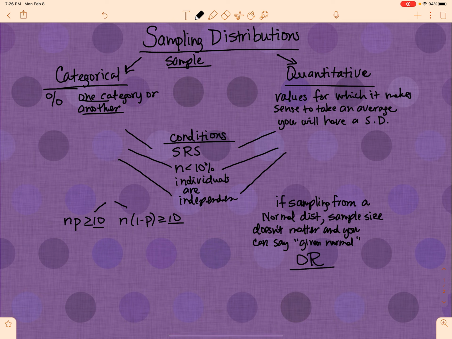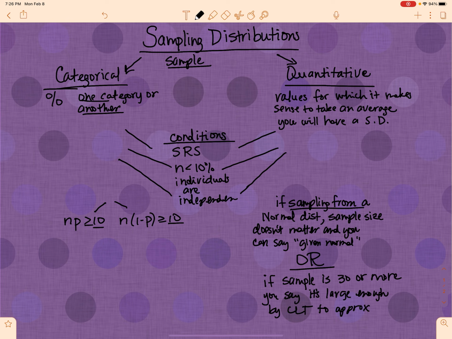Or if the sample is 30 or more, and by the way, when that is the case, it doesn't matter what you're sampling from. You can be sampling from a skewed distribution, a bimodal distribution, whatever. So if the sample is 30 or more, you say it's large enough by CLT to approximate normal.